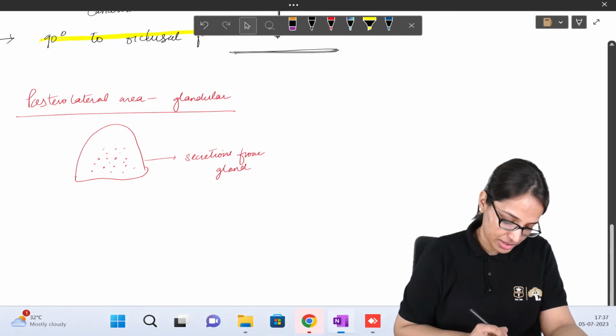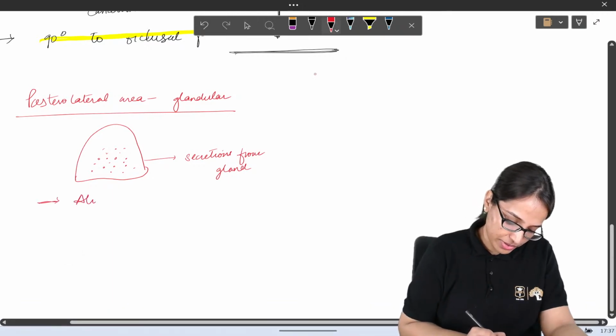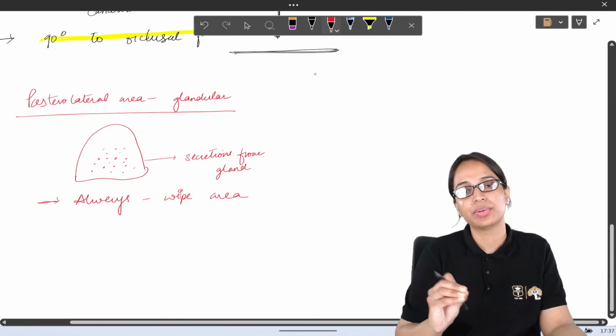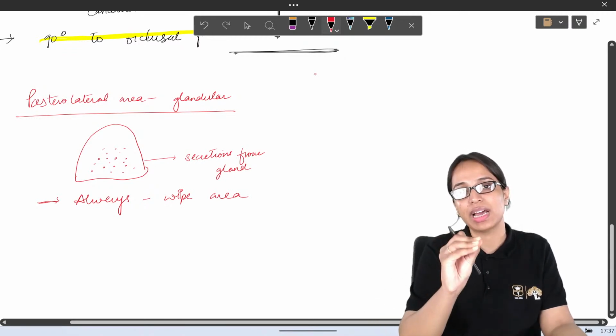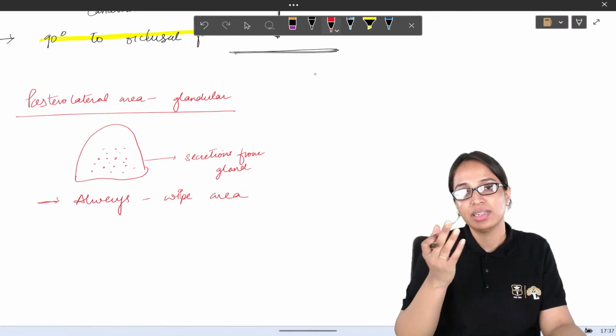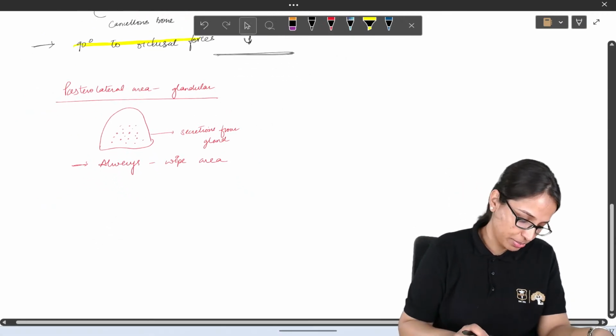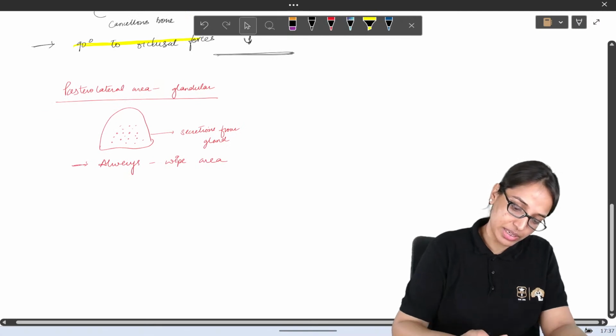How do we rectify this? Always before making the impression, wipe the area with cotton or gauze or any other material. Just dab it and wipe it and then insert your impression tray into the patient's mouth. So that is one clinical point for your complete dentures.